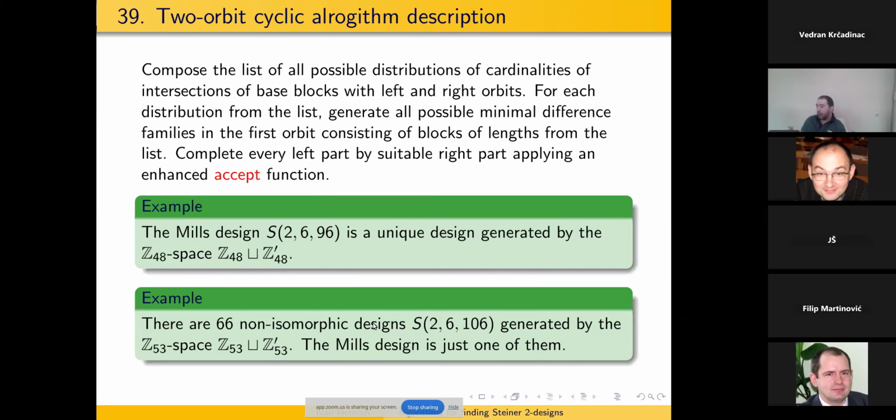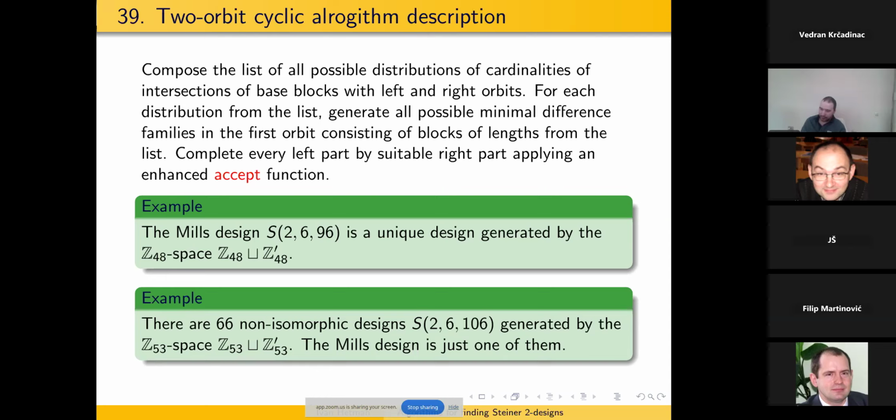But for the G space Z53 disjoint union Z53, there are actually 66 non-isomorphic designs, and I suppose that Mills, using some early supercomputer, developed some kind of algorithm. He found this one first design.